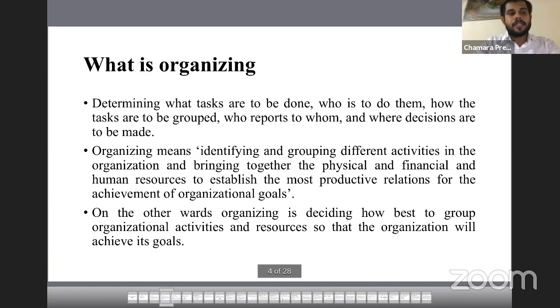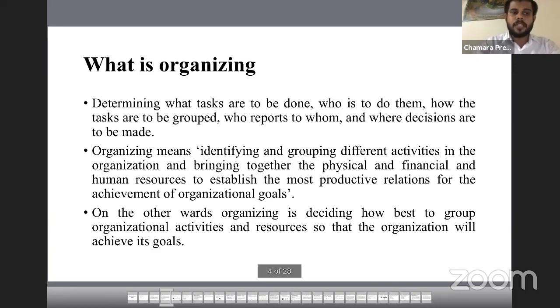Likewise, the first thing in the organizing process, we need to understand and identify what are the jobs and what are the works to be done, right? And then we can allocate and decide who is going to do that. So that's the first thing that we do in the organizing process, right?